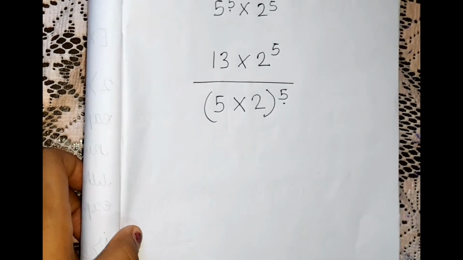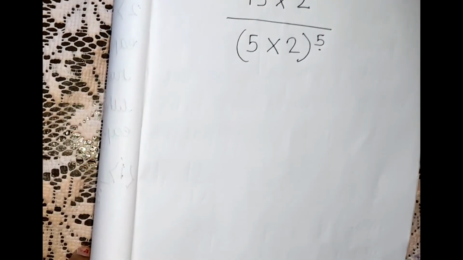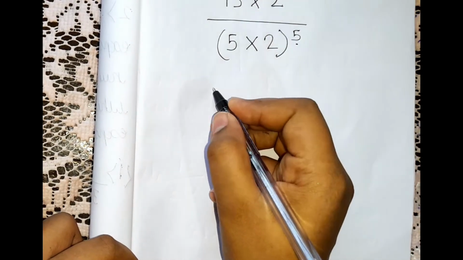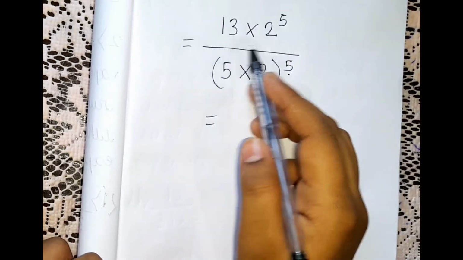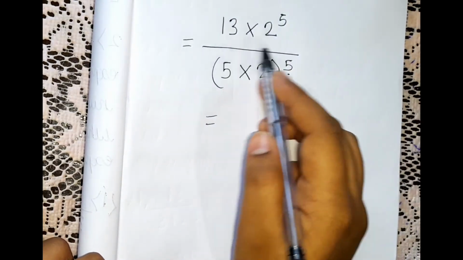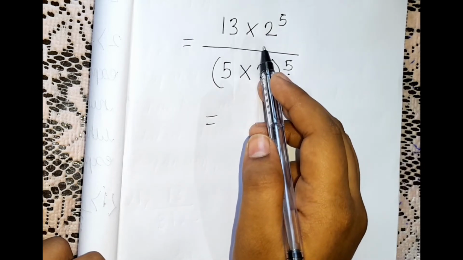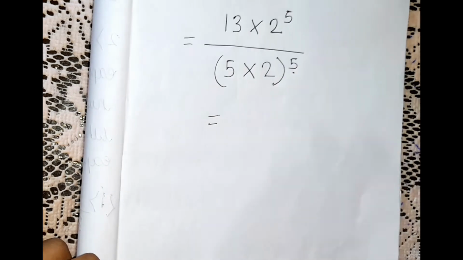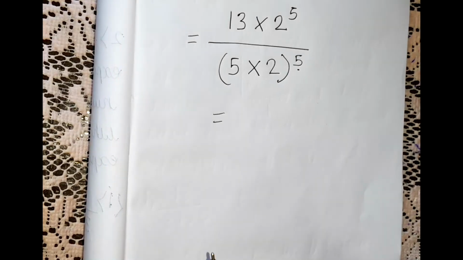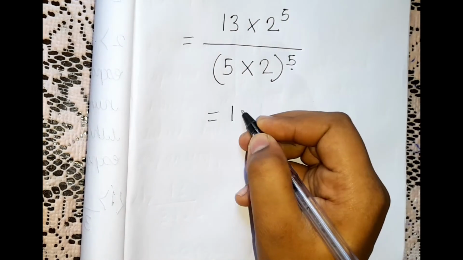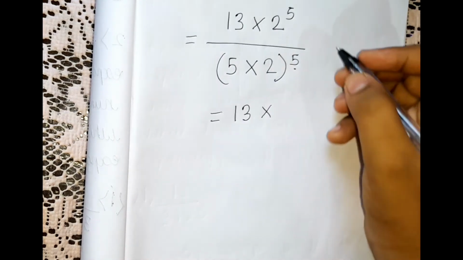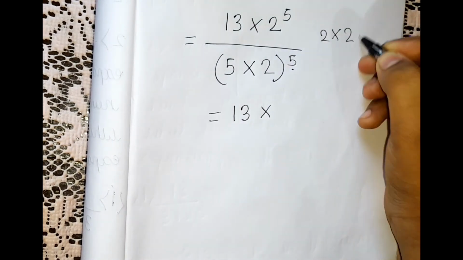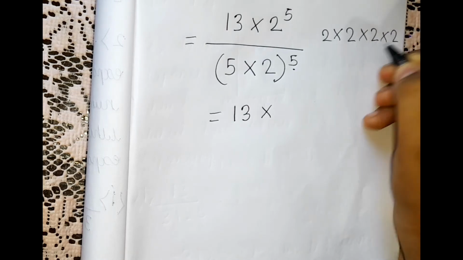Now let us solve this. So when you multiply these numbers, that is 13 into 2 power 5, here let us write 13 into, when you solve that, that is 2 into 2 into 2 into 2 into 2.